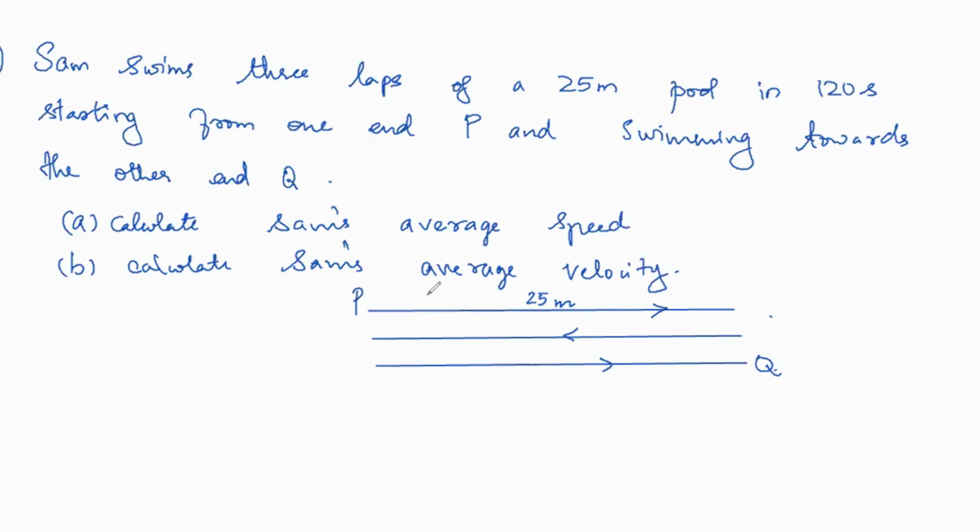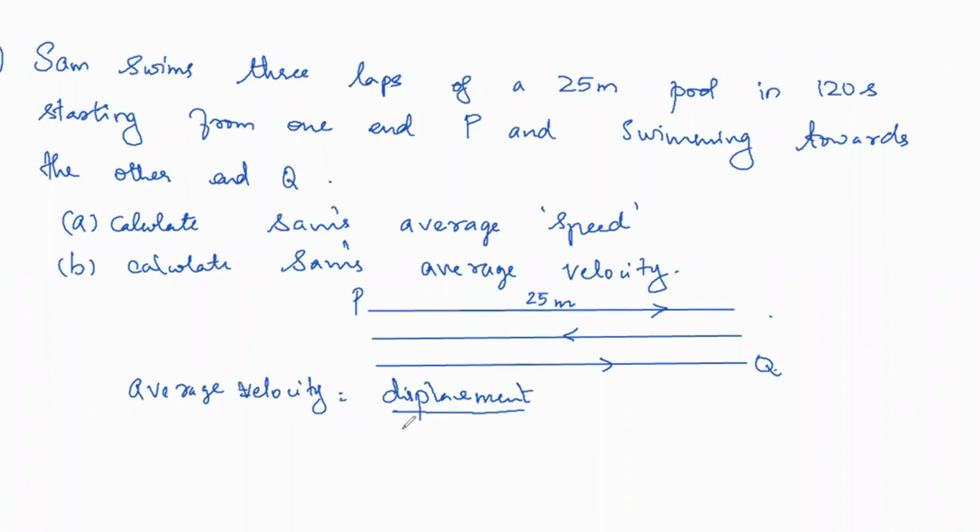The second part of the question is about Sam's average velocity. So average velocity can be calculated from the equation displacement over time. Earlier it was speed, so it was distance, so we used the equation distance over time.